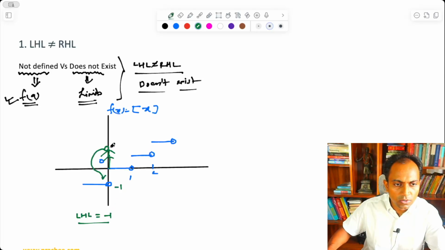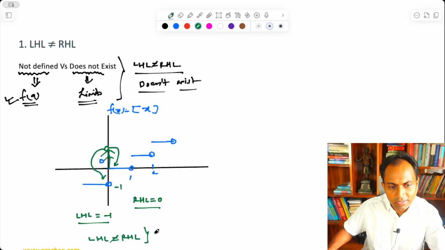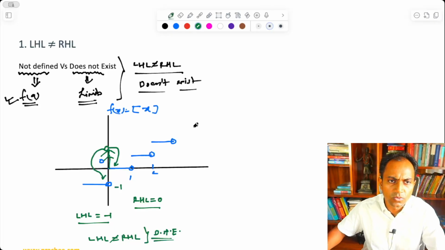Similarly, if I want you to tell me the approximate value on the right hand side at 0, then the value of RHL, you are already standing on the same step, it will become 0. So you can see that my LHL came out not to be equal to RHL, and in this case limit does not exist. I will use DNE to denote this scenario, but you can also write does not exist. This is one scenario.